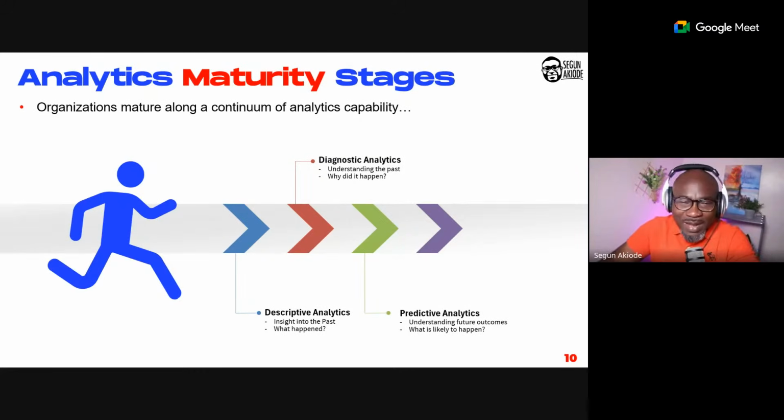Then the last part is your prescriptive analytics. Prescriptive analytics is saying, now that we have understood what has happened, why it is happening, and what is likely to happen, how can we make it happen? Or are there decisions we can make to avoid a future outcome?